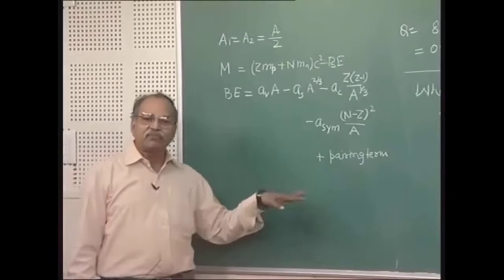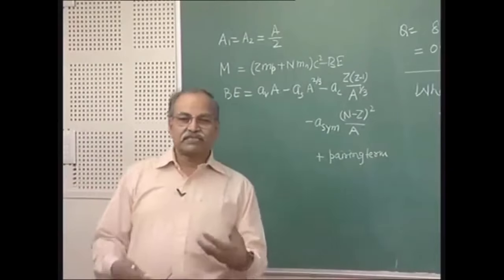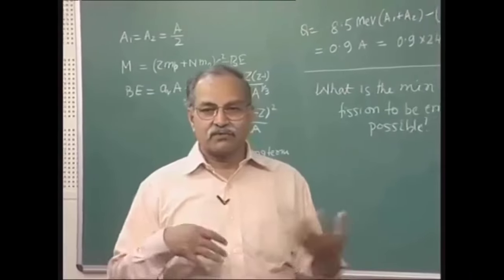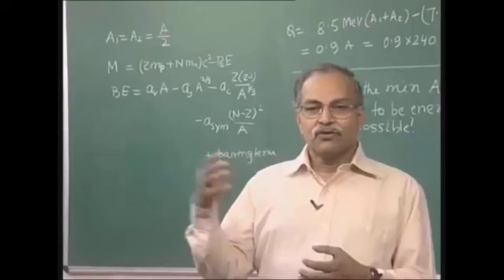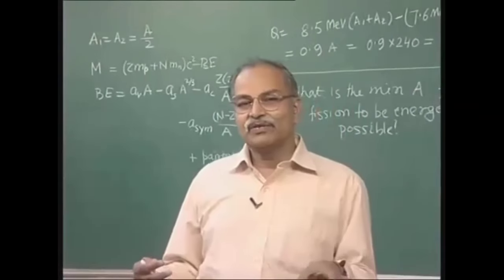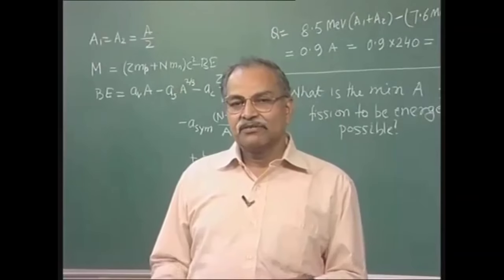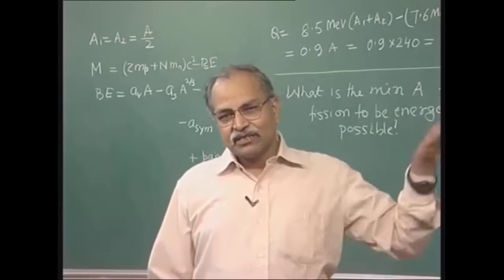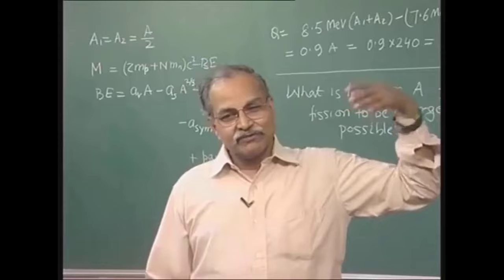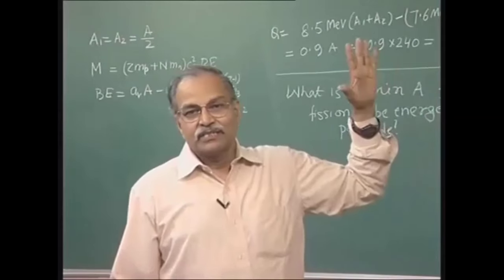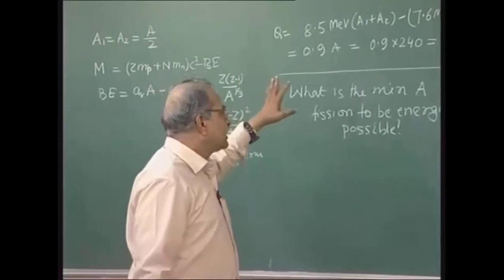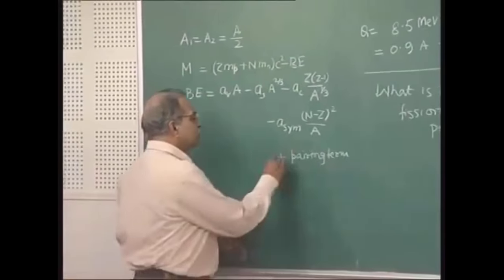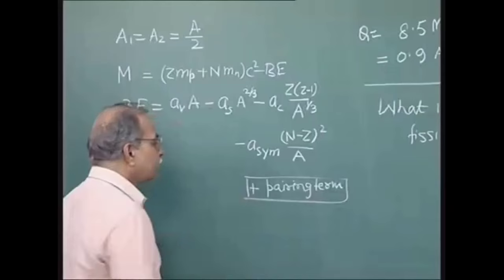Now, the pairing term we will forget. This is when you have an even-even, odd-odd or odd-A nucleus, which has its own differences in binding energy, but we will forget that here. We will assume that everything is even, the original nucleus as well as the fission fragments. So, we just neglect this.